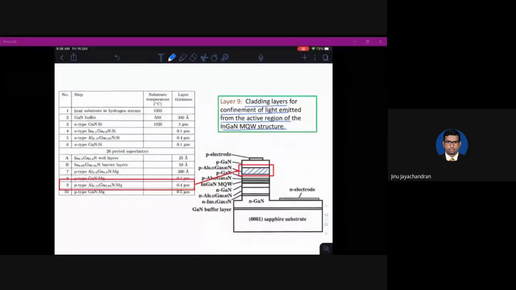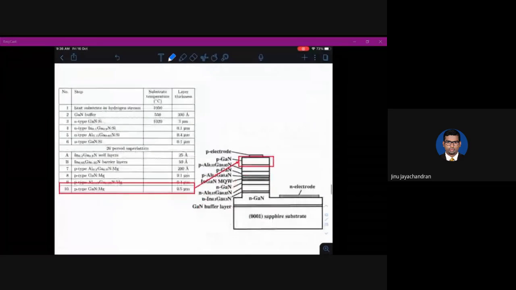And the last layer is p-type gallium nitride, of complementary or opposite polarity to our outermost layer, n-type gallium nitride. Right. So these are the different layers of the indium gallium nitride laser diode, and each layer has its own importance. So make sure you understand why these layers are there in the device.